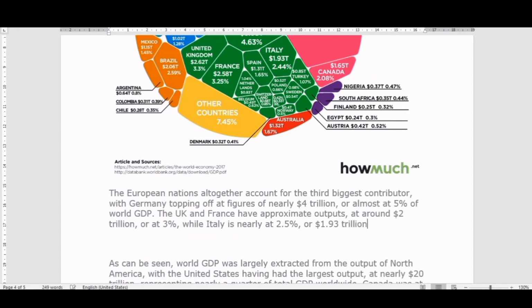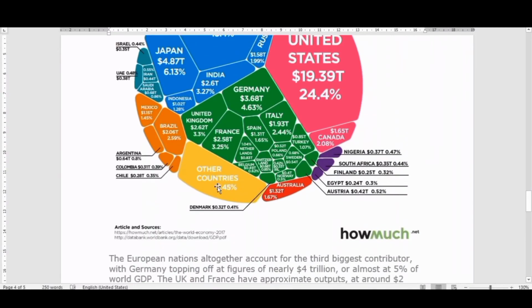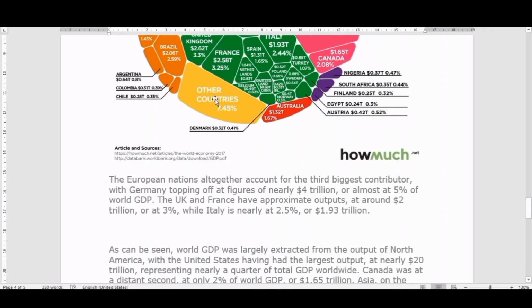And finally, we will just highlight the other regions. Let's have a separate paragraph for that.